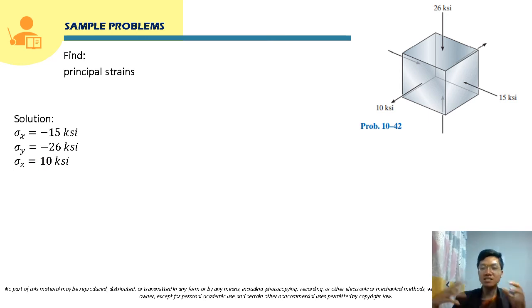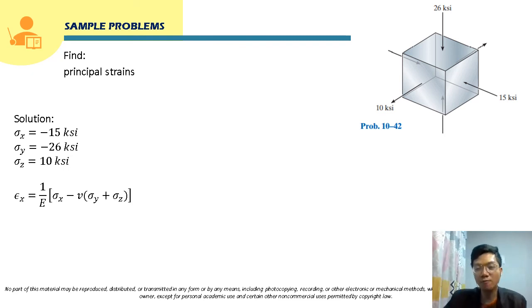Since there are three stresses here in all the directions X, Y, and Z, this element is triaxially loaded. It is loaded in all directions. So we are going to use the formula for solving strain in triaxial loading, using generalized Hooke's law.